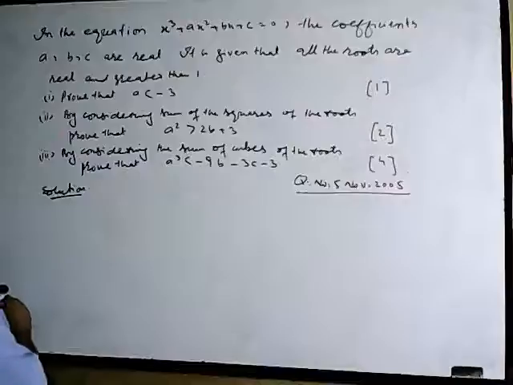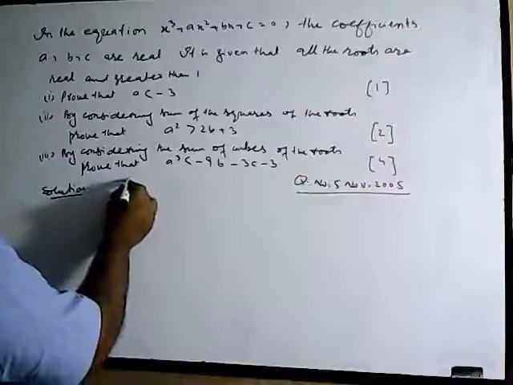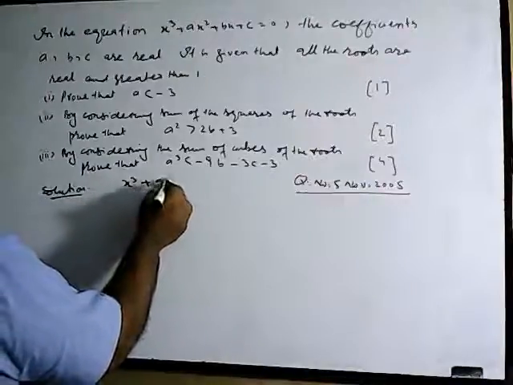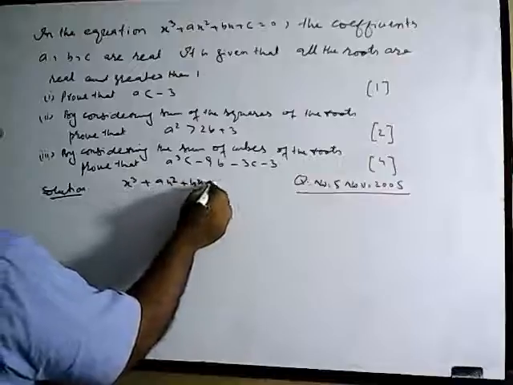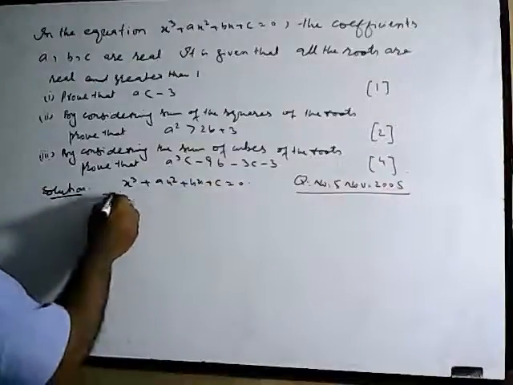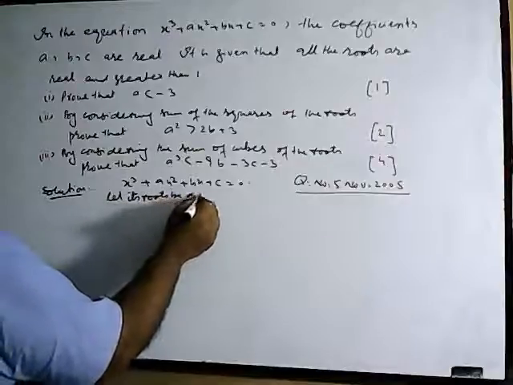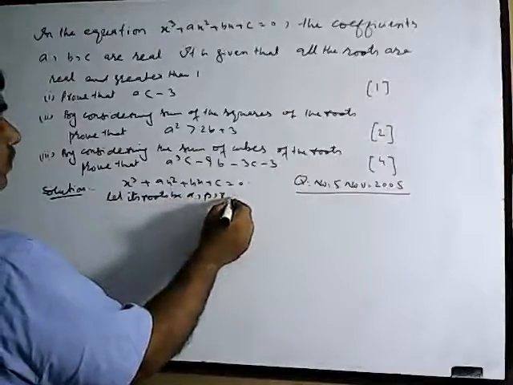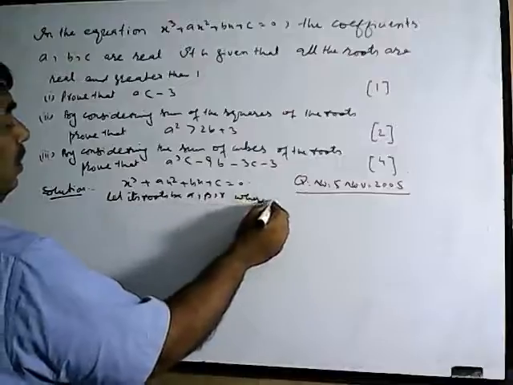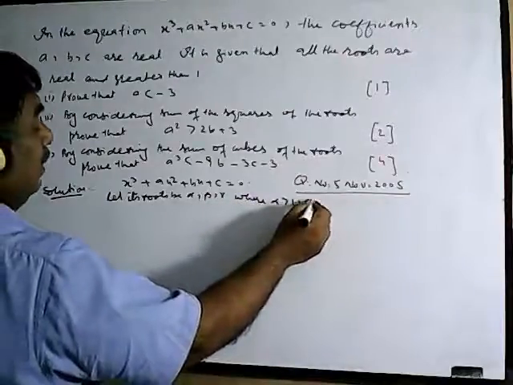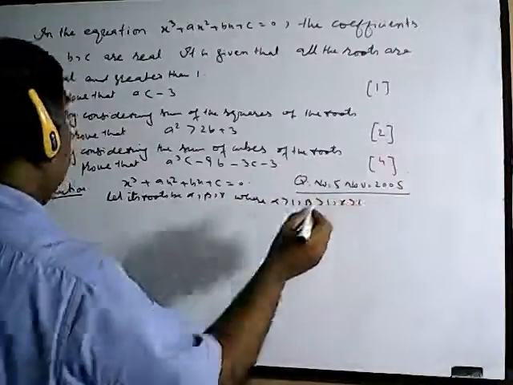So first, the equation is given as x cubed plus ax squared plus bx plus c equals 0. Let its roots be alpha, beta, gamma, where alpha is greater than 1, beta is greater than 1, and gamma is greater than 1.